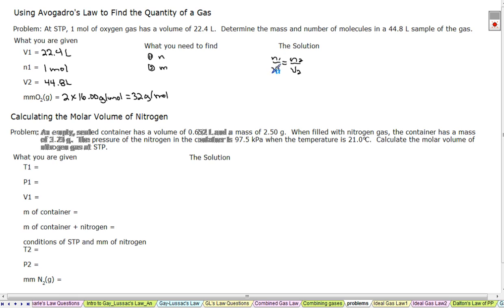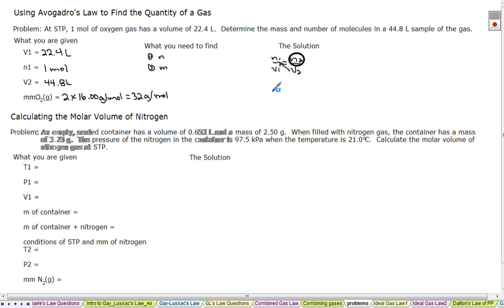If I put them beside each other, that would be setting up an indirect relationship. And I know that I want to solve for moles, so it's easier to put it on top. So I want to get my second set of moles, so what I'm going to do is just cross multiply my V2 up.